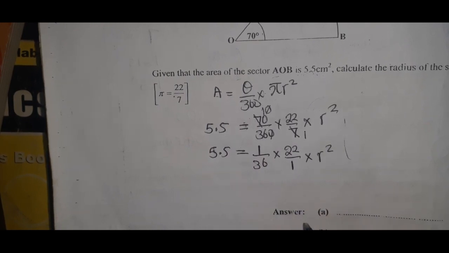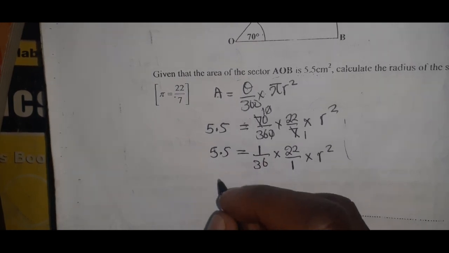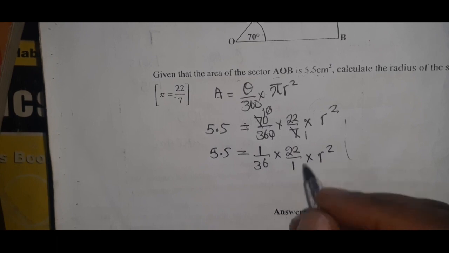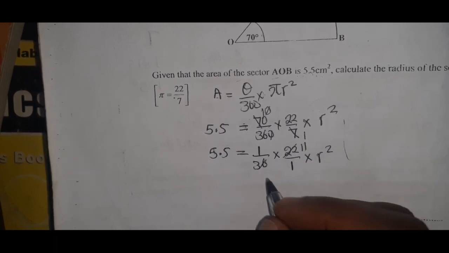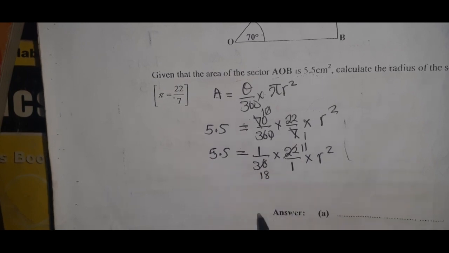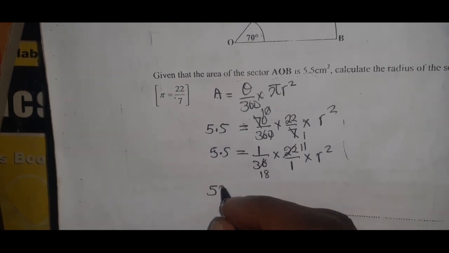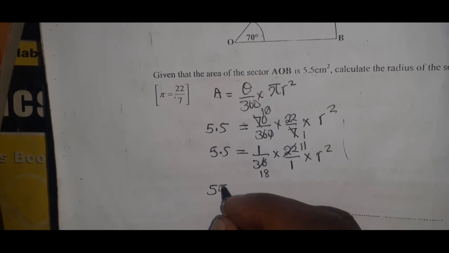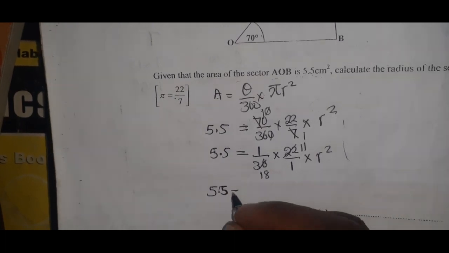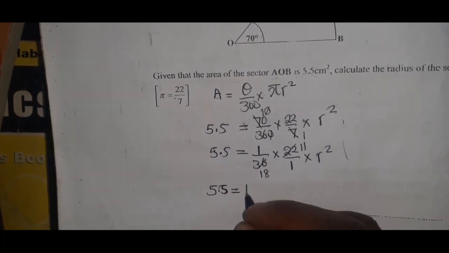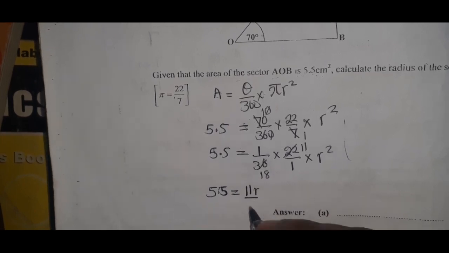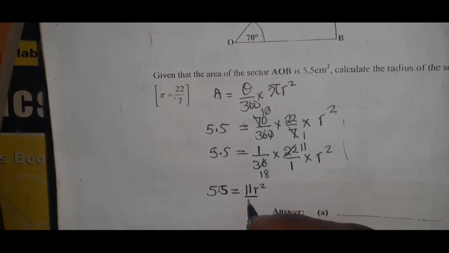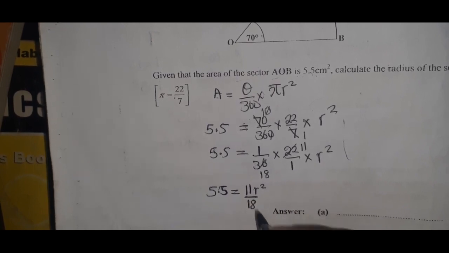So we go on and say, this is easy. We can as well go further and say 2 here is 11, 2 here 18, isn't it? So we can go further and say 0.5, this is equals to 11 r squared over 18. Okay?